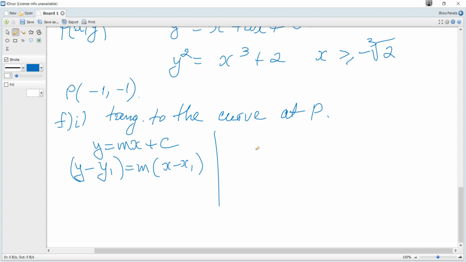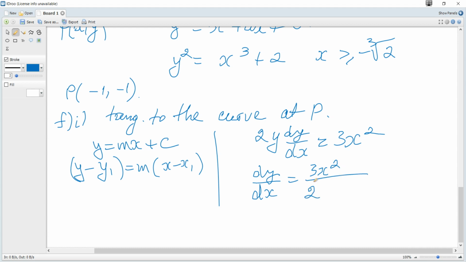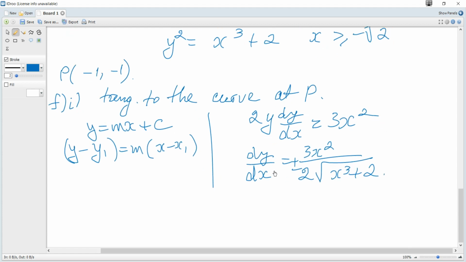So let's differentiate again. 2y dy/dx is 3x squared, hence dy/dx is 3x squared over 2y, and y is plus minus, in general, square root of x cubed plus 2.